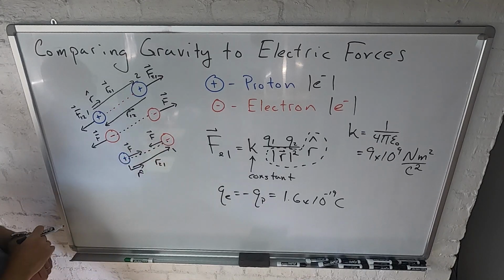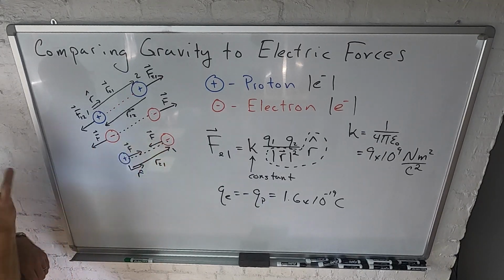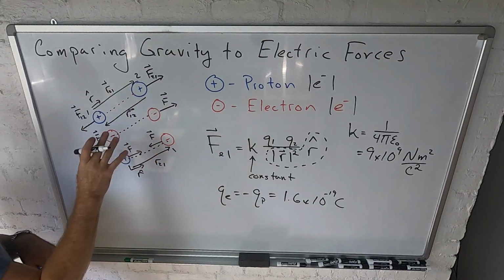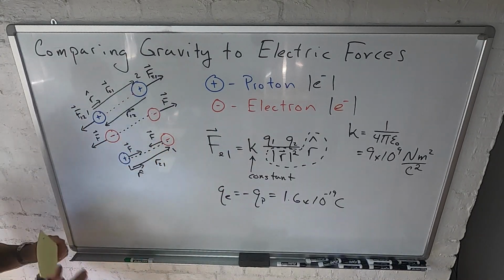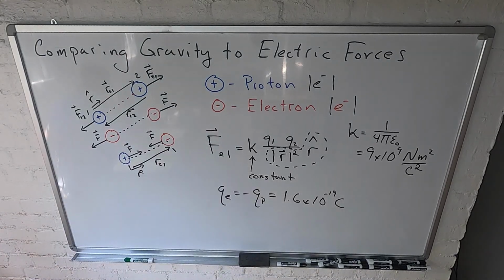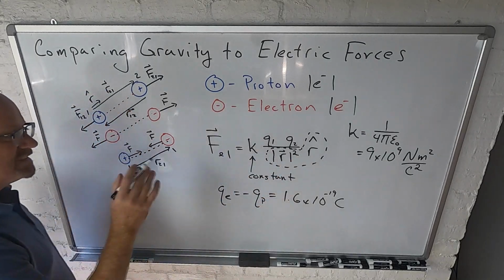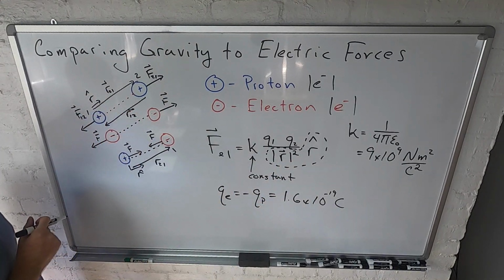It's the other direction. It comes inward. Minus forces, vector forces that are negative, are attractive forces. That is something to remember. Remarkably, this r squared is exactly like gravity.